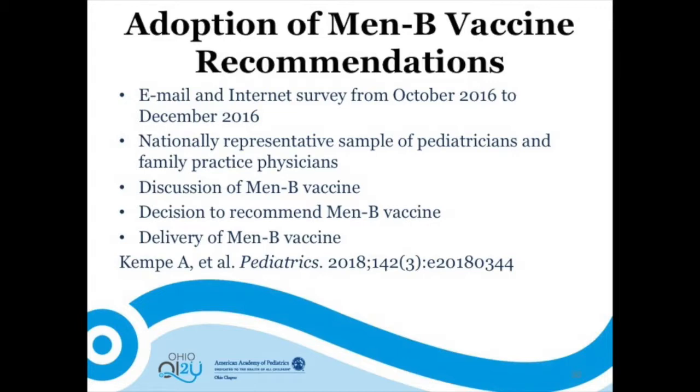This was a survey via email and internet of a nationally representative sample of pediatricians and family practice physicians, conducted from October 2016 to December 2016. They assessed factors associated with discussion of the meningococcal B vaccine, the factors that influenced the decision to recommend it, and actual delivery of the vaccine.